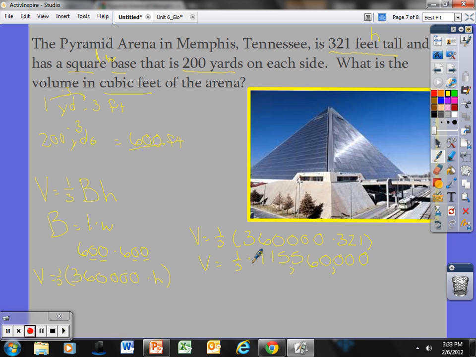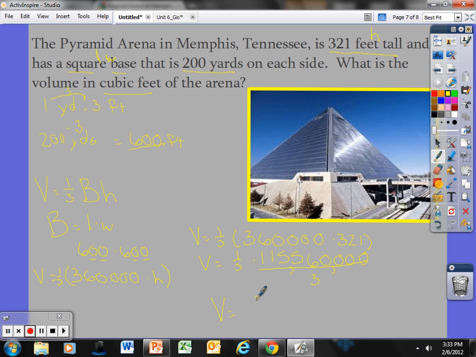So I get volume equals, or to times it by 1/3, really I can do the inverse there, divide it by 3. So volume is equal to 115,560,000 divided by 3.